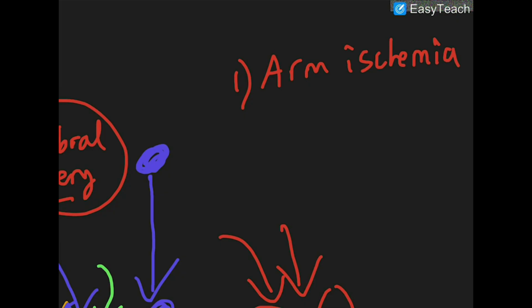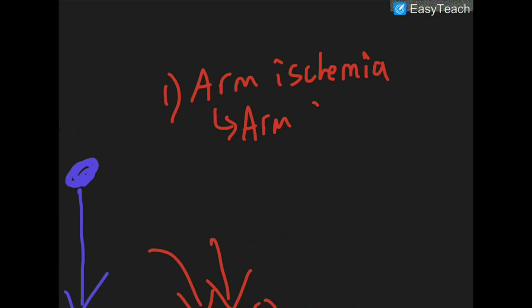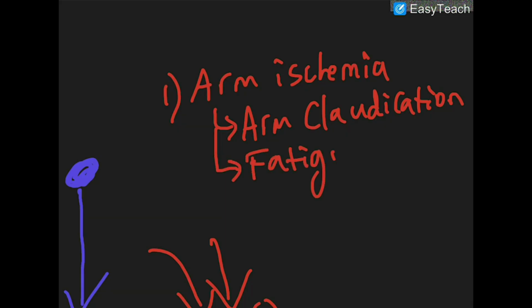Okay. And why is that? Because of that narrowing that we saw in the subclavian artery, right? So certain things you can see are arm claudication, right? So you're going to have that tightness, that pain while trying to work out that arm. And you're going to see fatigue, of course, because of the reduced blood flow due to the narrowing of the subclavian artery.